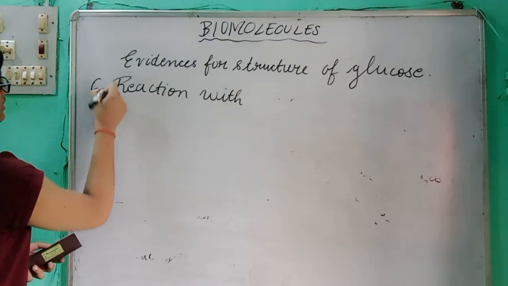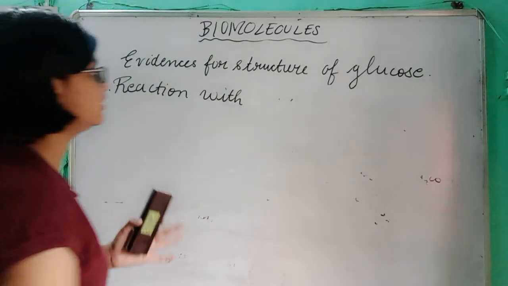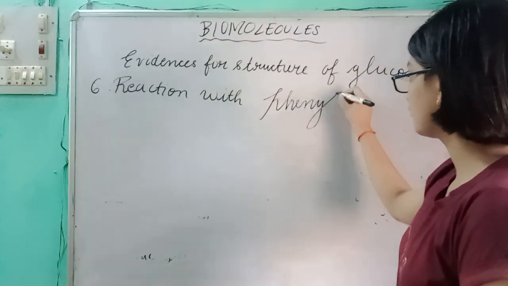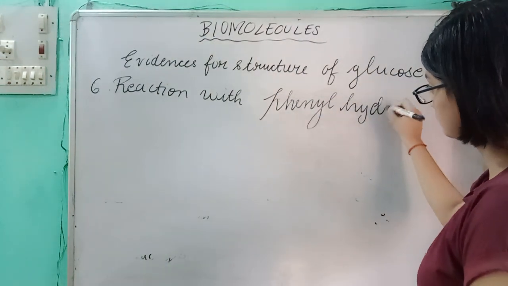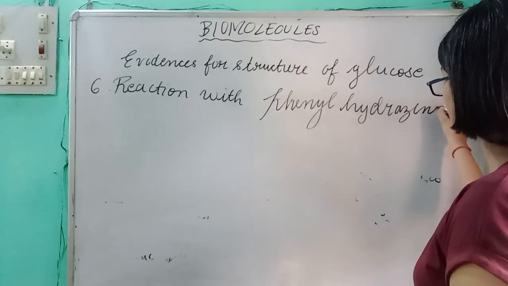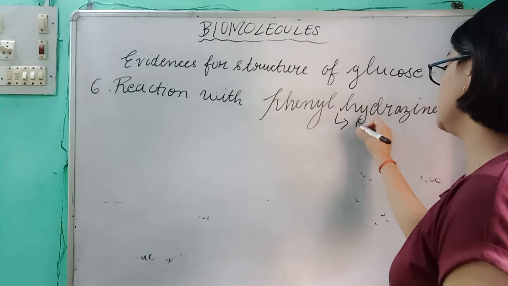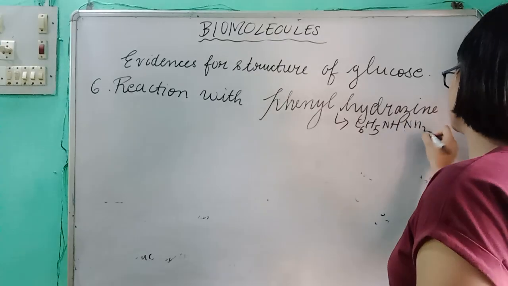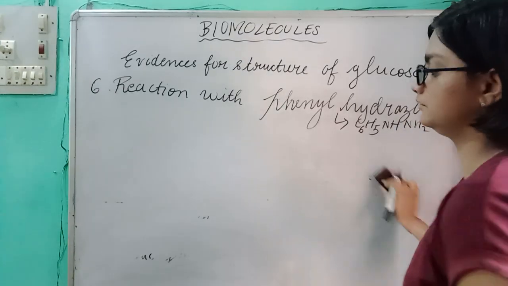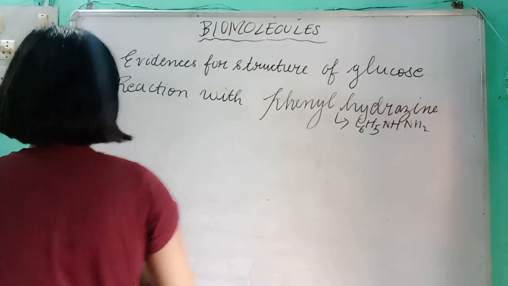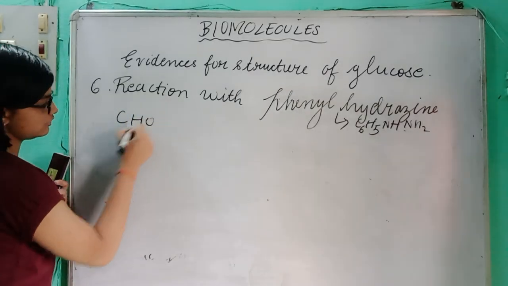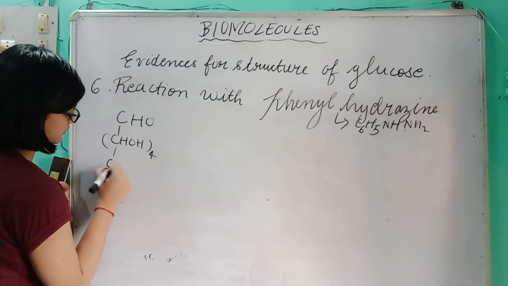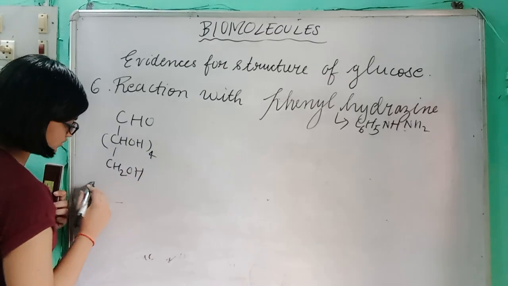The 6th and last evidence, reaction with phenylhydrazine. Structure of phenylhydrazine is C6H5NHNH2. Let's react it with glucose. CHO, CHOH, CH2OH. This is our glucose.